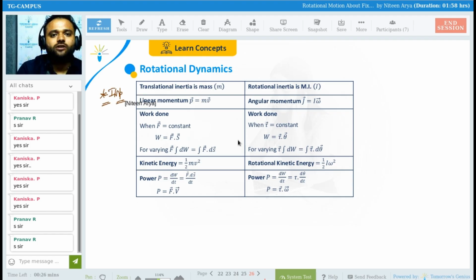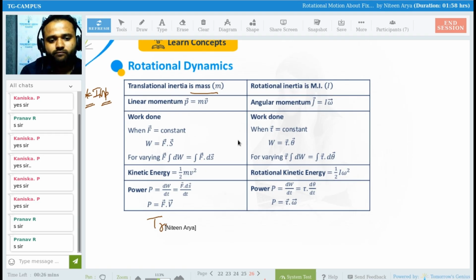And that, I gave you in the last class also, is important, you can say analogy or relation between translation and rotation. So translational inertia is mass. This is for translation motion, and that is for rotational motion.